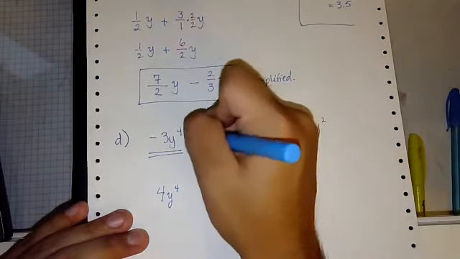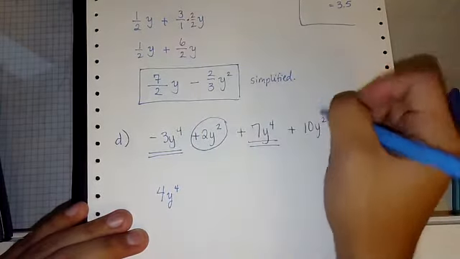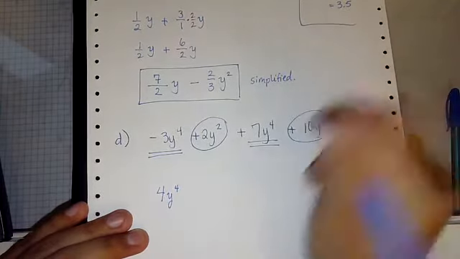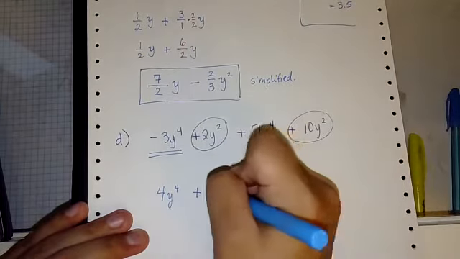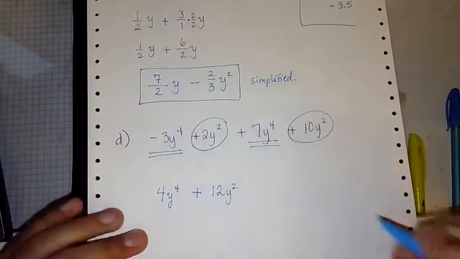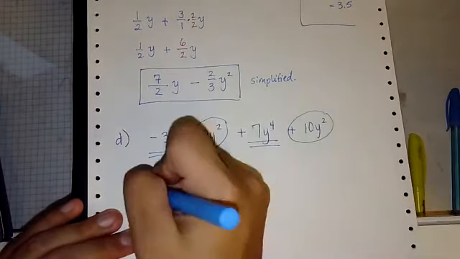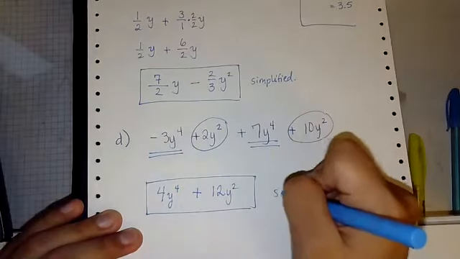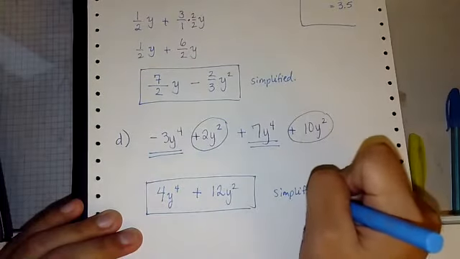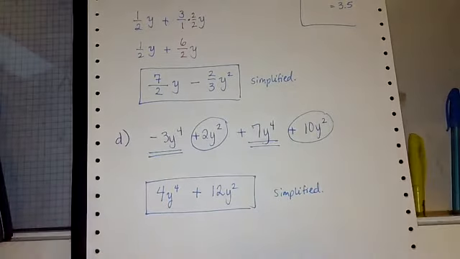And then we have these y to the 2nd powers. So this is just 2 plus 10, which will be positive 12y to the 2nd power. Any questions about that one?